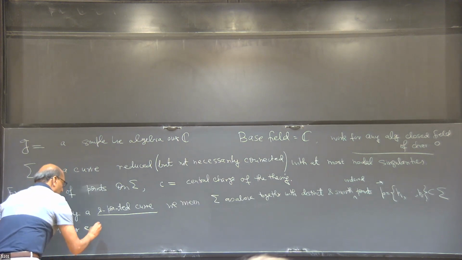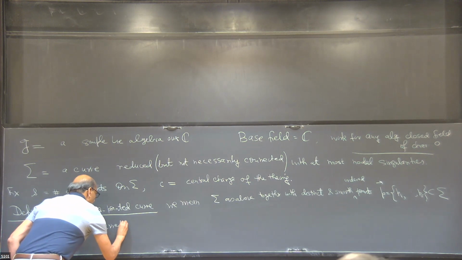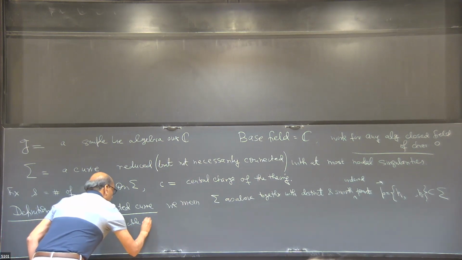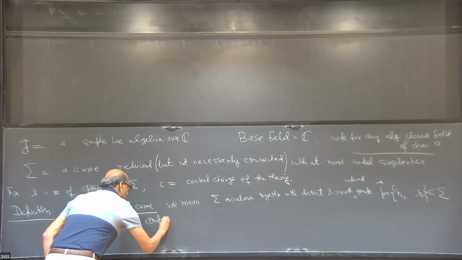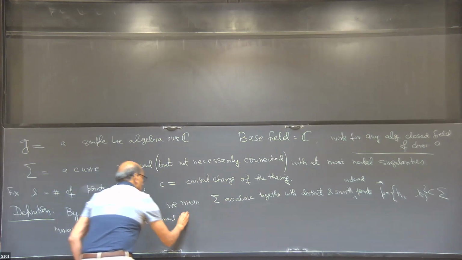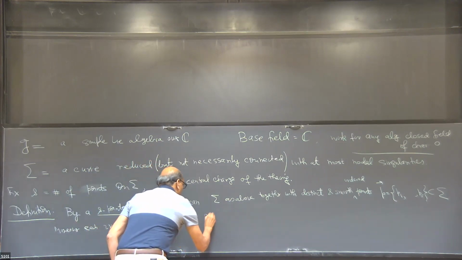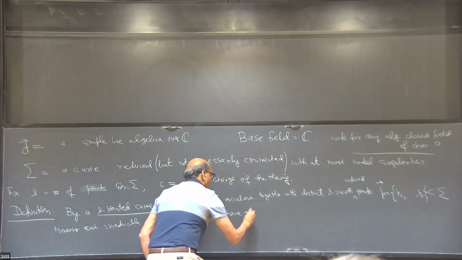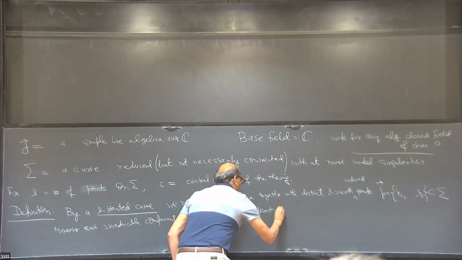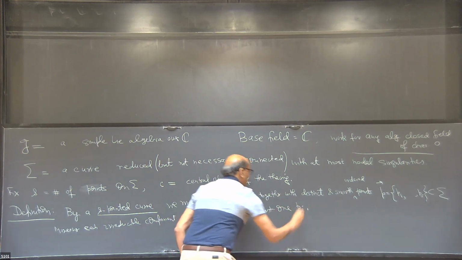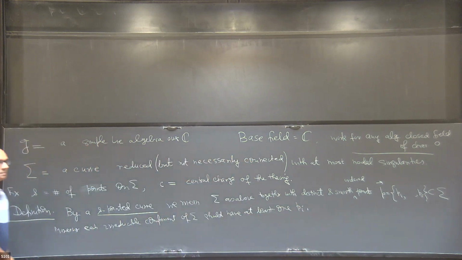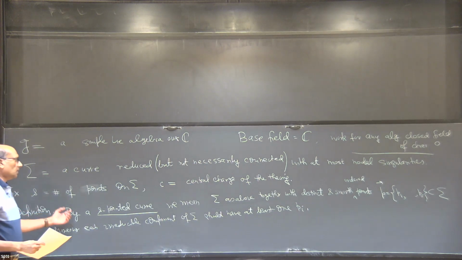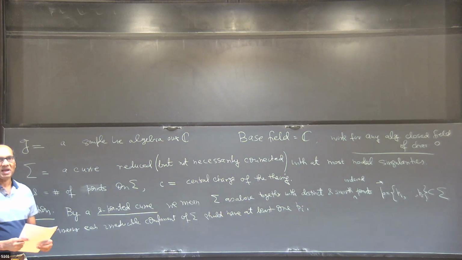And I will require that, moreover, each irreducible component of sigma should have at least one point. So I require that each irreducible component of sigma should have at least one point.